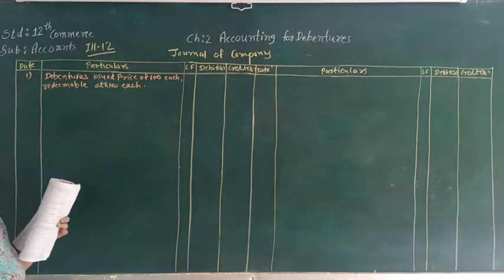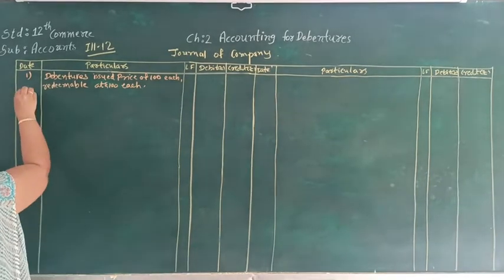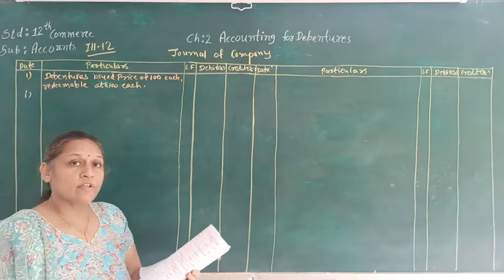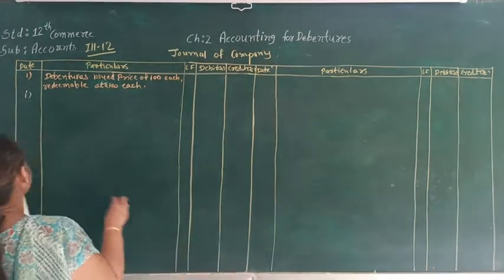So in this situation we have to pass the journal entry. That journal entry at the time of issue will be: bank account debit to debenture application and allotment account. So let's pass that journal entry.